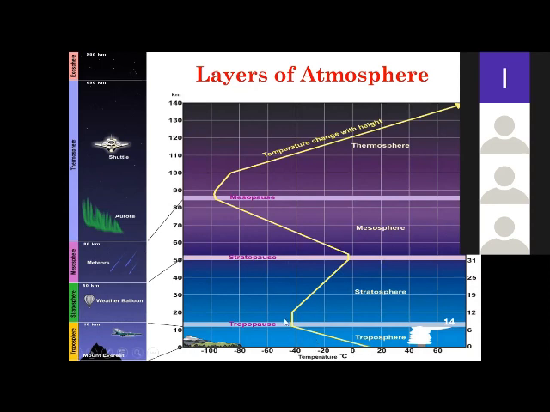What happens here now? How can it go up or increase with height? This is mainly because of the ozone layer lying here, and it traps all the high energy radiation coming from the sun and warms up here. And therefore, we have an inversion in the temperature profile.